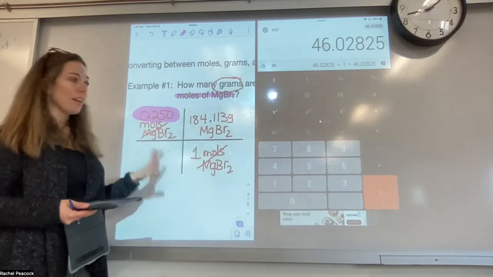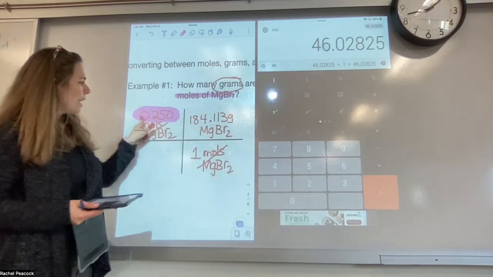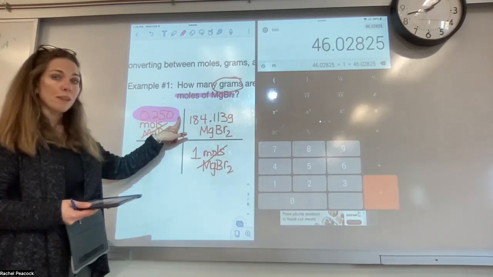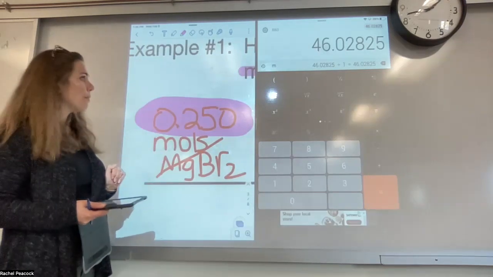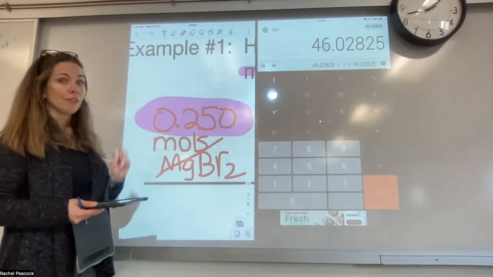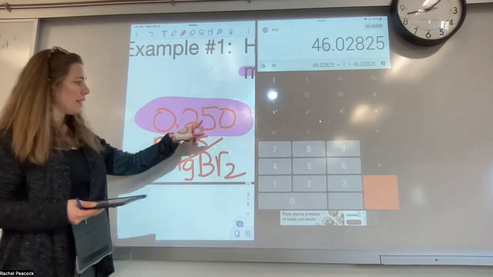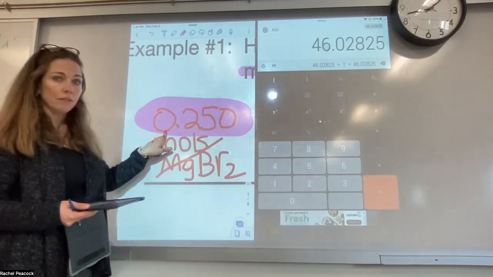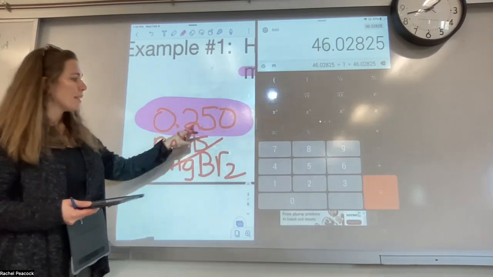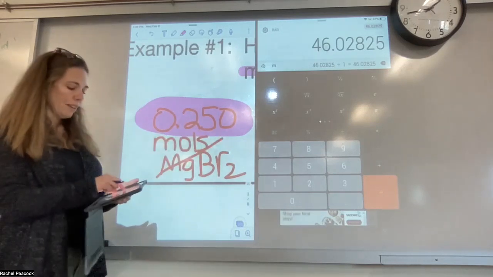That's all significant, that's not determining it. This, you do, because it's a measurement. So how many sig digs is in 0.250? 3. Significant, significant, significant. This is just a placeholder, okay? So that means I get 3 sig digs in my answer.